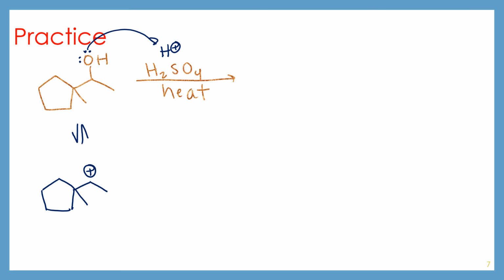And if it is not, try rearranging that carbocation. Now there are two rearrangements that you could do. You could shift the methyl group over if you wanted, but the better rearrangement is going to be a ring expansion, so opening up that ring and creating a 6-membered ring.